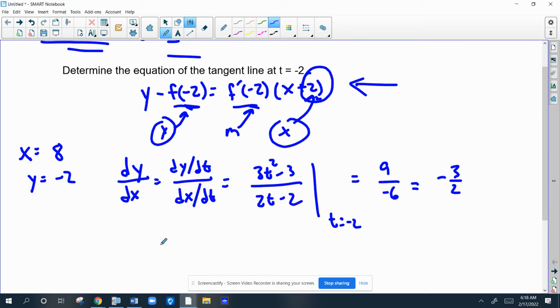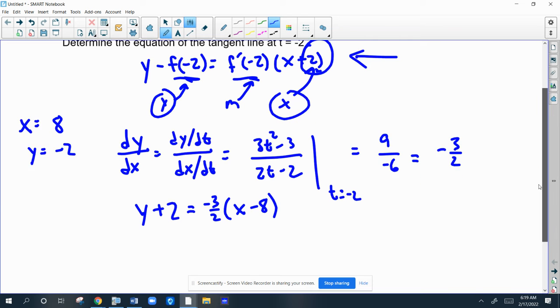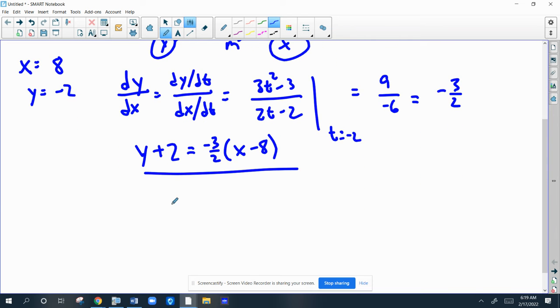So our final equation of the tangent line is y minus y1 equals the slope times x minus x1. That's it. That's the equation of the tangent line.